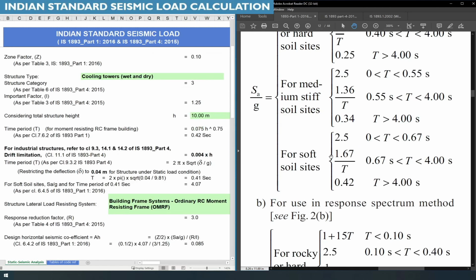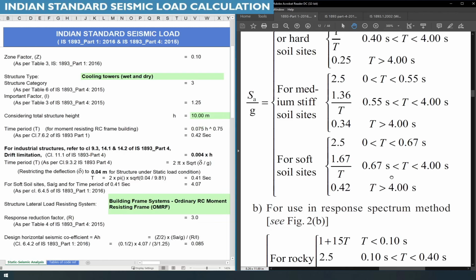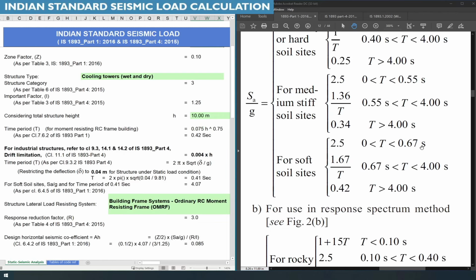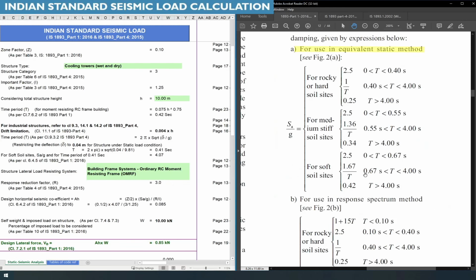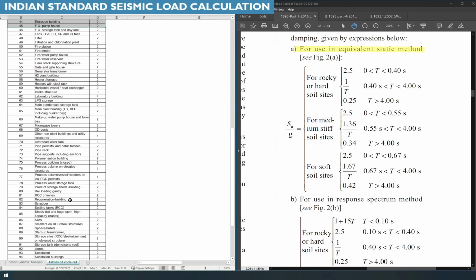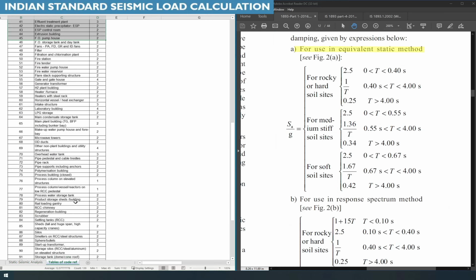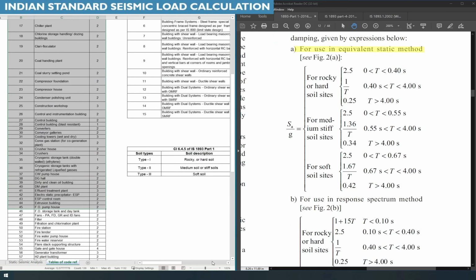So for the Sa/g value, if the T value is less than 0.67, then 2.5 is our Sa/g value. Likewise, these formulas are captured in the table shown on the left-hand side Excel sheet.